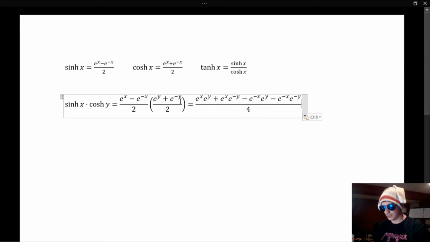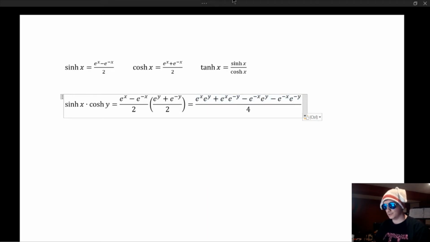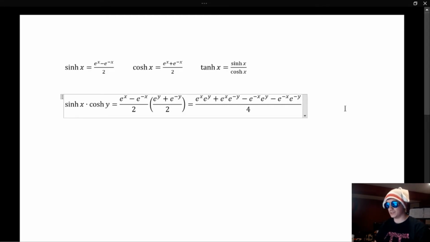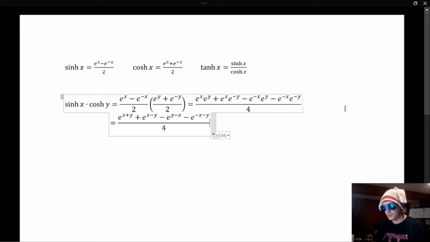If you do all the expansion, you're multiplying e to the x, e to the y, e to the x, e to the negative y, e to the negative x, e to the y, and e to the negative x, e to the negative y. With plus signs, minus signs, you get this: e to the x plus y plus e to the x minus y minus e to the y minus x minus e to the negative x minus y.